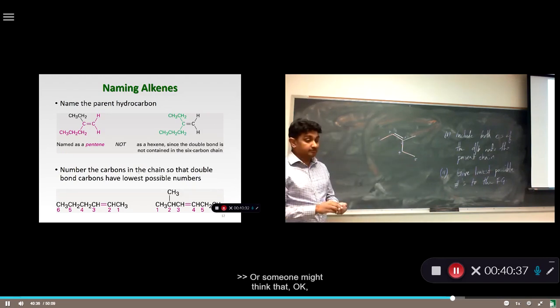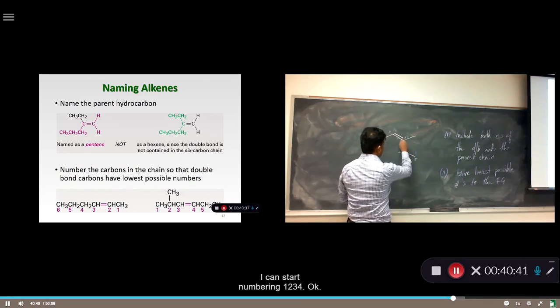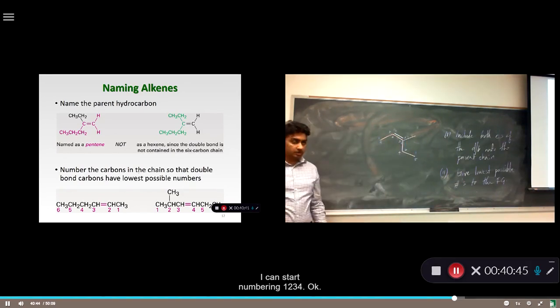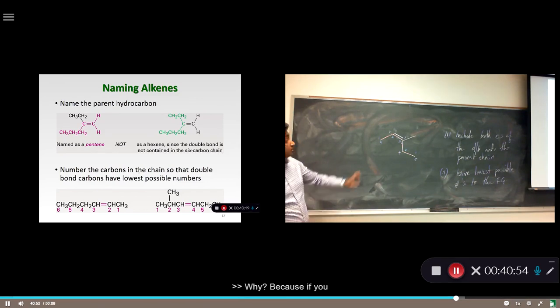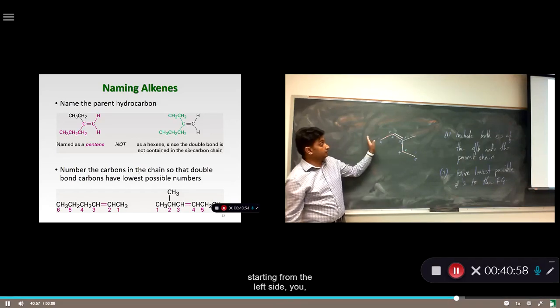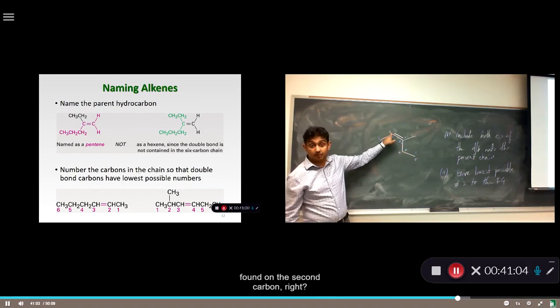Okay, or someone might think that okay, I can start numbering from this end. 1, 2, 3, 4, 5. Okay, so which method do you think is correct? Purple method or blue method? Purple method is correct. Why? Because if you number the parent chain according to the purple method, starting from the left side, your functional group is first found on the second carbon, right?